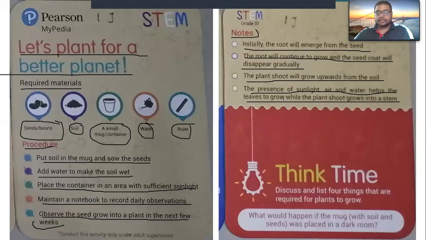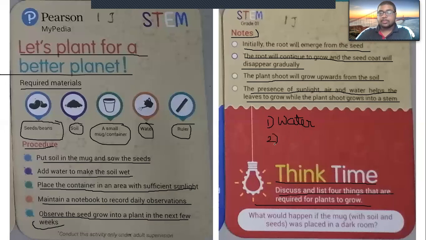Then there is a think time for all of you. Discuss and list four things that are required for plants to grow. So what are the four things that are required by plants to grow? First and foremost thing is water, isn't it? Plants, everyone on earth requires water.